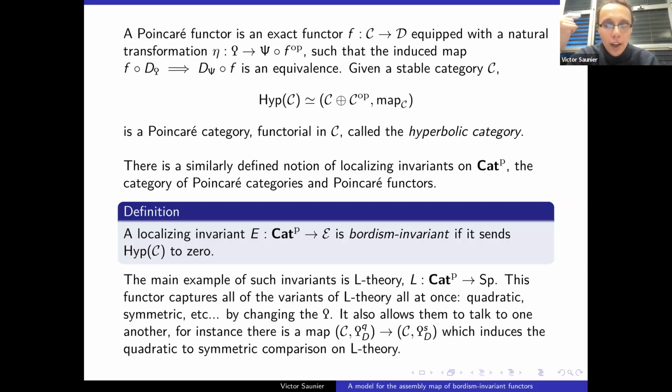This functor knows about quadratic L-theory, symmetric L-theory, and all of those variants, and the only thing you have to change is the kappa. So for instance, it also means that all of those guys are not independent of one another. They talk to one another. And one way to make them talk to one another is to produce maps between them. So for instance, there is always a map from the quadratic kappa to the symmetric kappa, and this induces a quadratic to symmetric comparison map on L-theory.